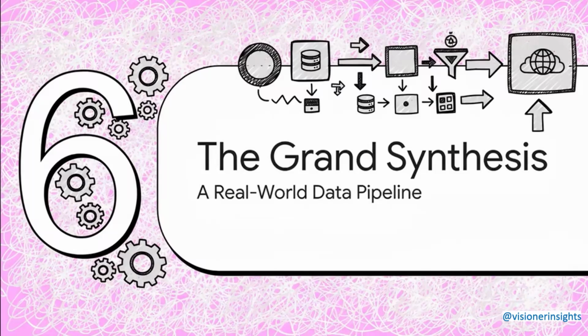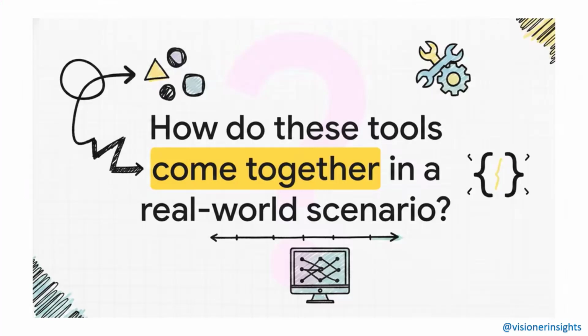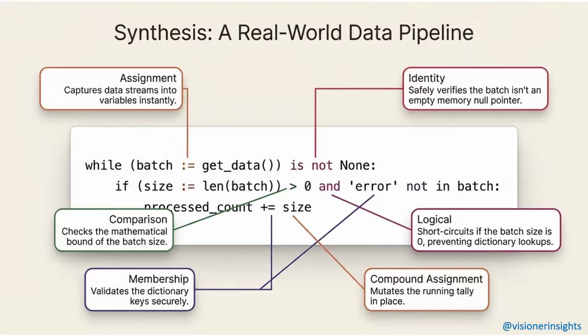Okay, so we've toured all the individual families of operators. For our big finale, let's see how they all come together, how they work in perfect harmony to build a little piece of a real-world data processing pipeline. So, the big question is, how do all these different tools actually come together in a real-world scenario? Let's check out a single, powerful line of code that pulls from literally everything we've just learned. This is just a perfect example. Let's break this one line from a while loop down. First, the walrus operator captures incoming data into the batch variable.